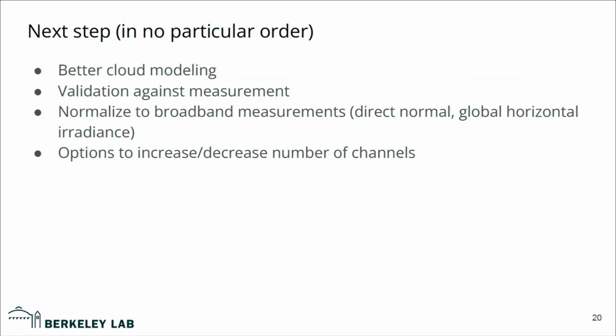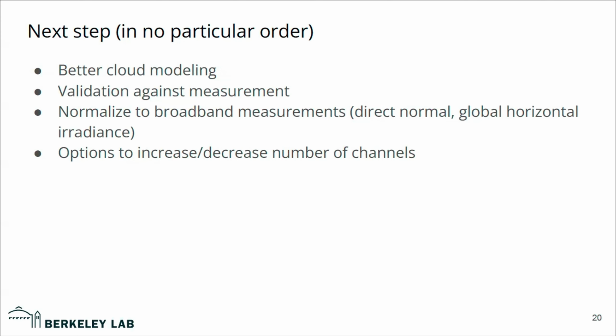So the next step, in a particular order, is to have a better cloud modeling. So actually model the geometry, the shape of the cloud, instead of a homogeneous layer across the sky dome. And then also we want to be able to validate this entire model against measurements.